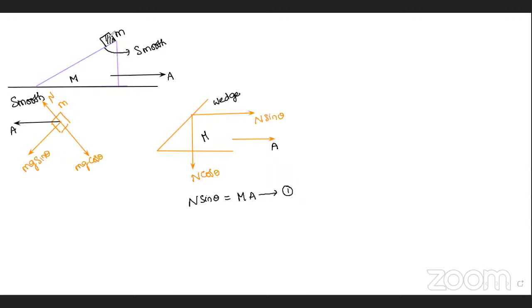But here you have to say, the block always slides along the inclined plane. This is the direction of motion of the block. Whereas A is not along that line, what I drew here, that is along the horizontal.